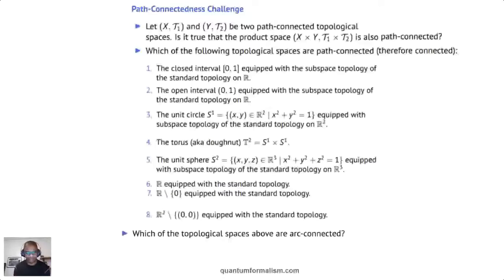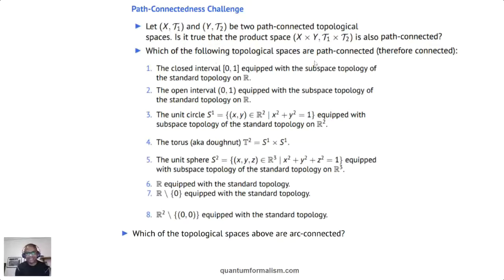Try to do it by yourself, and if you cannot, even if you look at the material, try to understand why, because it's really important. The first challenge is: suppose X and Y are path connected. Is the product also path connected? No Googling, just try to think it through yourself.